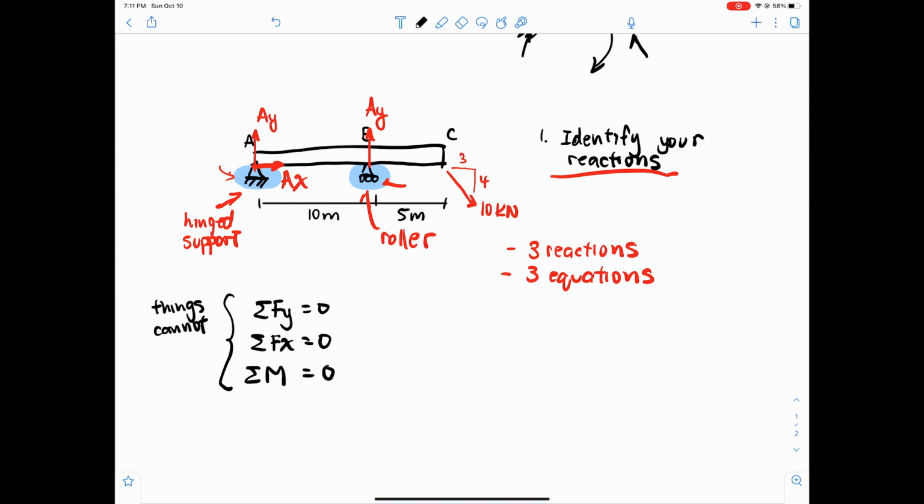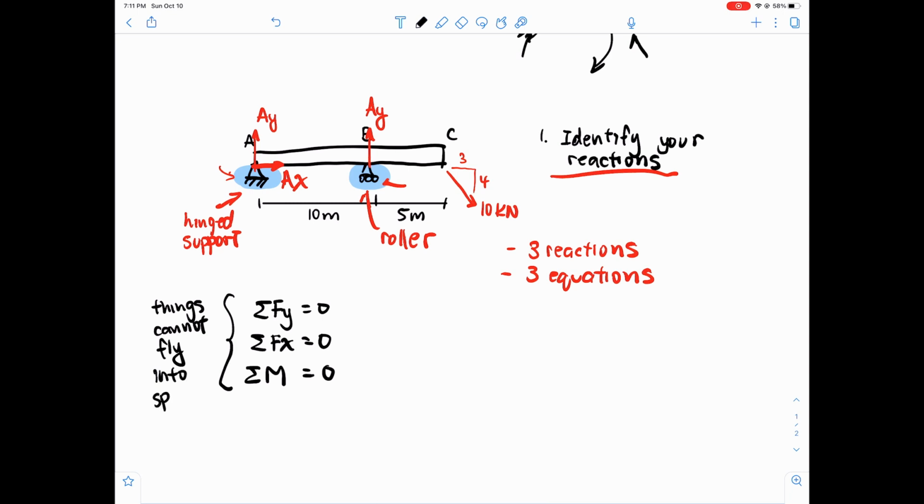The sum of forces in the y direction means it's not flying through space in the y direction. Sum of forces in the x means the same thing. And sum of moments means it cannot spin out of control. There always has to be something that is resisting your force. And that is why these 3 equations are the key to finding out the reactions.